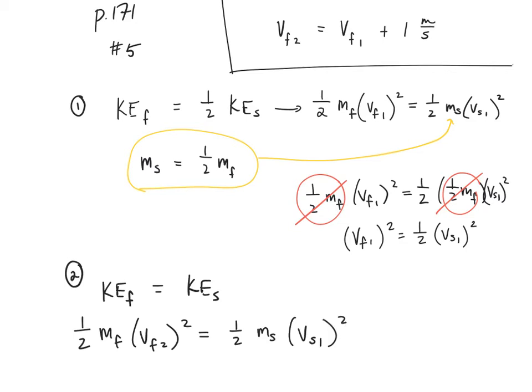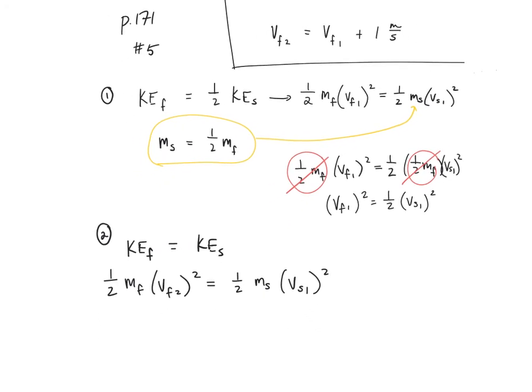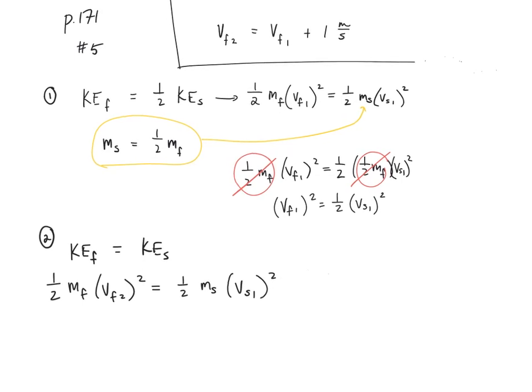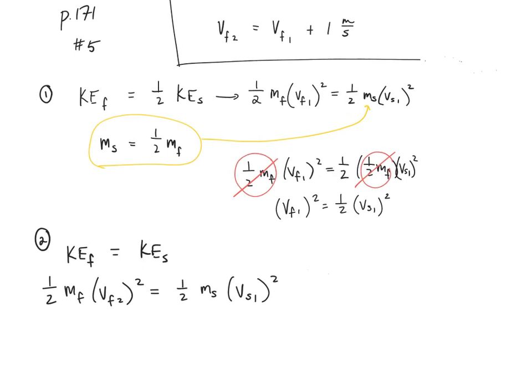I called the velocity of the sun a moment ago VS1, the velocity of the sun in the first part. Well, the velocity of the sun in the second part is the same as the first part, so I'm going to leave it as Vs1. I'm not going to change that. Now, the velocity of the father, though, in the second part is not the same. So this becomes 1/2 mf, and then the velocity of the father is Vf1 plus one more.